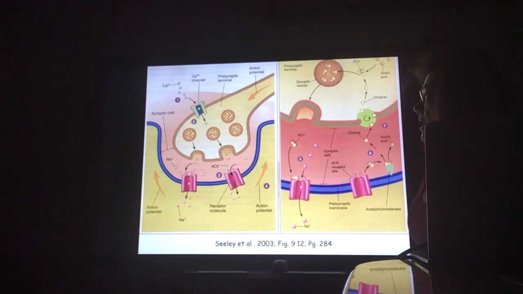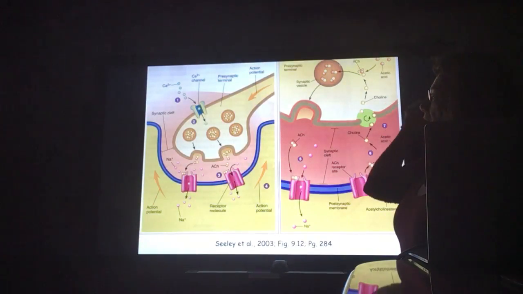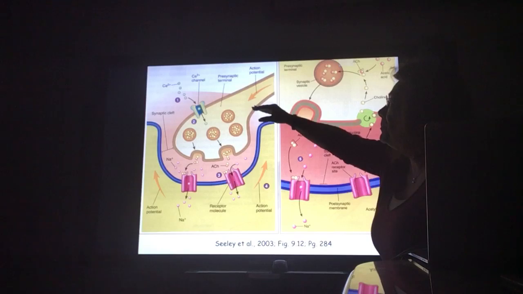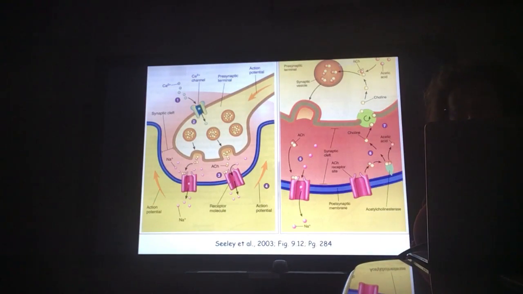Notice that on the outside here of the axon ending, right above the motor end plate, there's free calcium. And that concentration of calcium is higher than what the calcium levels are inside the axon ending. So again, we have that concentration gradient where those calcium ions want in, but they can't get in.